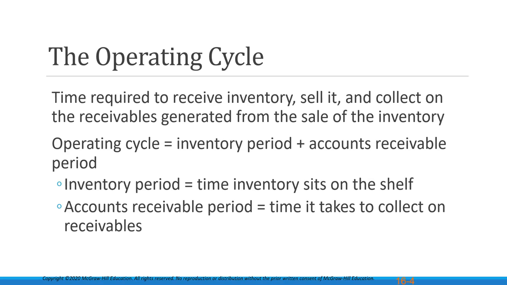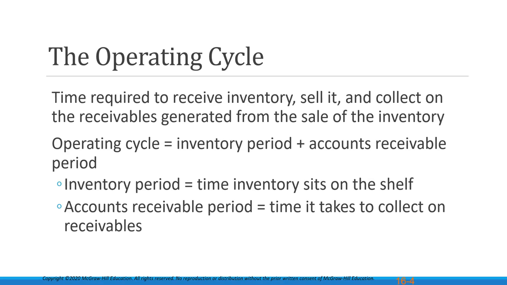One of the things we discuss is the operating cycle. The operating cycle is the total amount of time it takes to receive inventory, sell it, and collect cash on the sale. We take the inventory period, add the accounts receivable period, and that is the operating cycle.